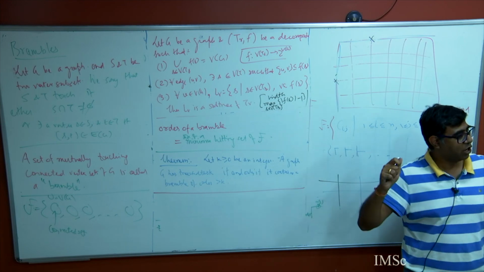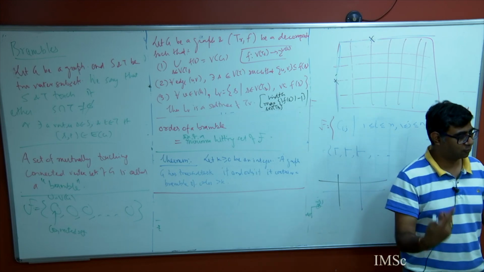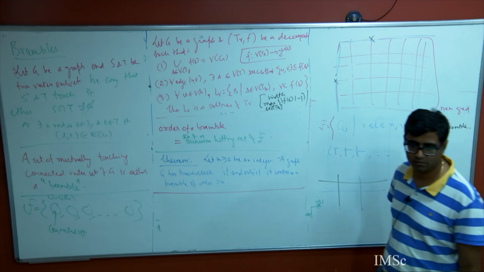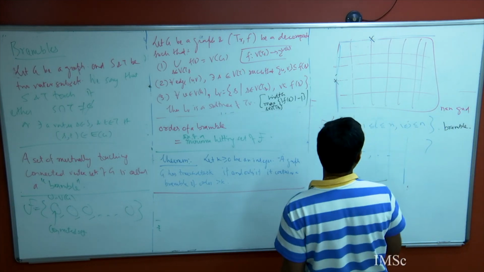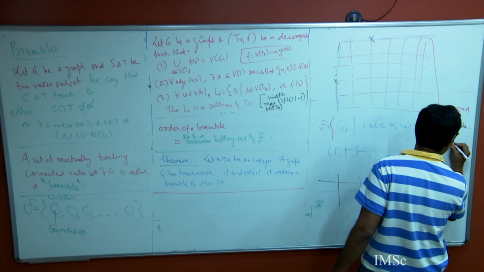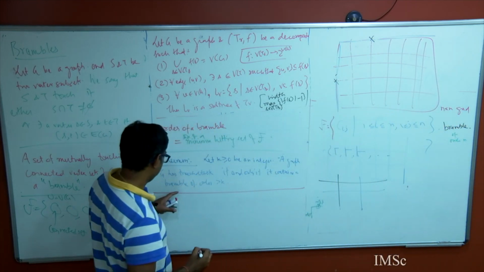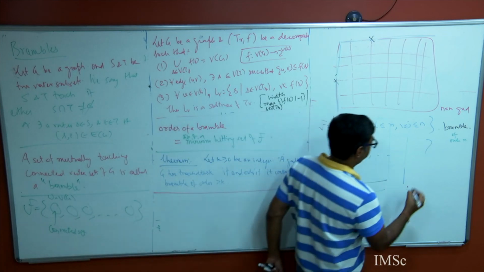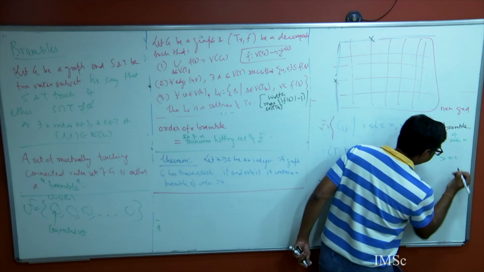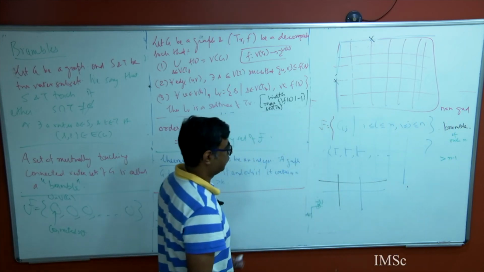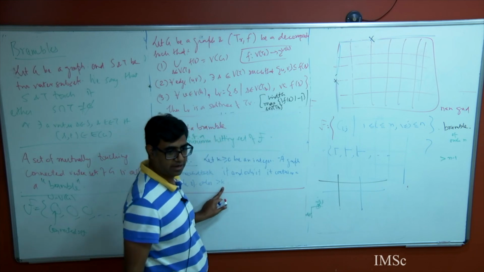If you had min of m comma n, you can always prove that m is needed. So what did we show? This is a Bramble of order n, so it is strictly greater than n minus 1.